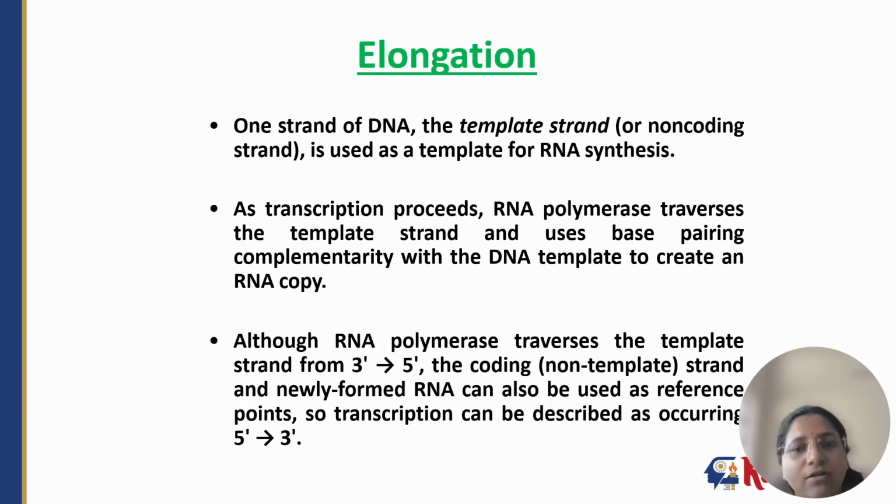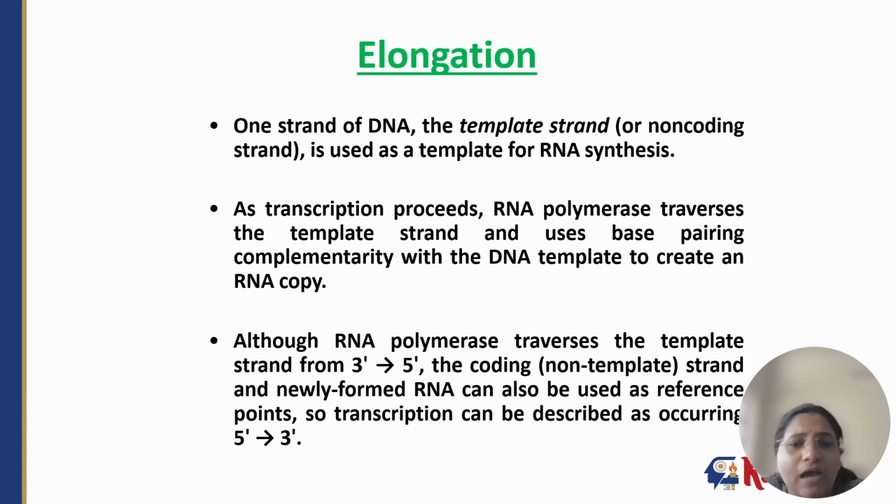During elongation, one strand of DNA, that is the template strand or non-coding strand, is used as the template for RNA synthesis. As transcription proceeds, the RNA polymerase traverses the template strand and uses base pairing complementarity with the DNA template to create an RNA copy.